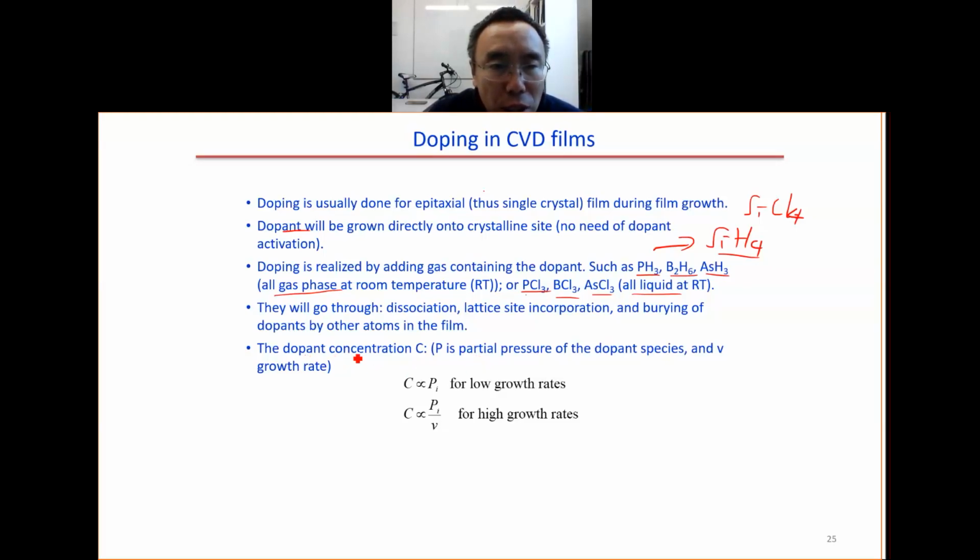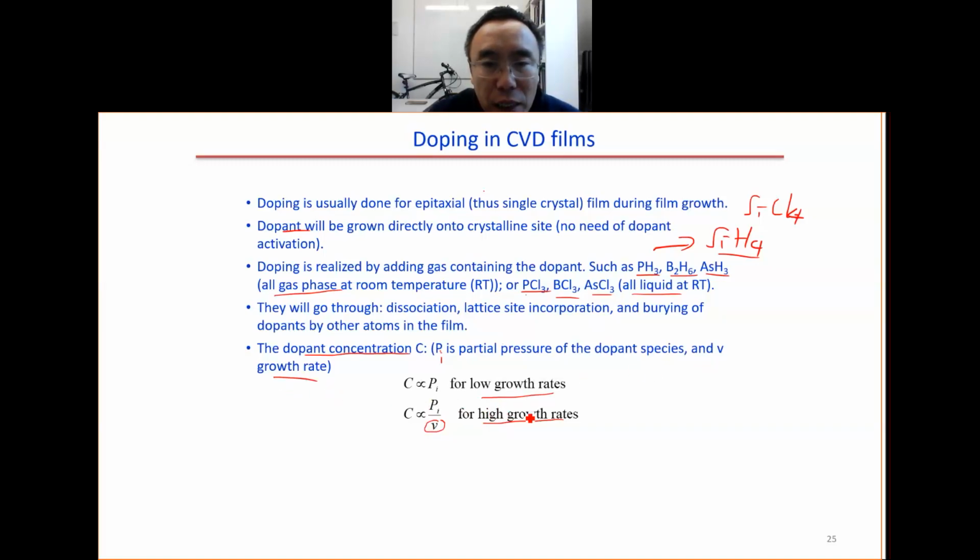So the dopant concentration, for the low deposition rate, is proportional to the partial pressure. This is the partial pressure of the dopant species. For the high growth rate, it's proportional to the partial pressure and also inversely proportional to the deposition rate.